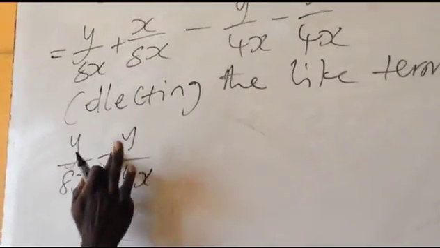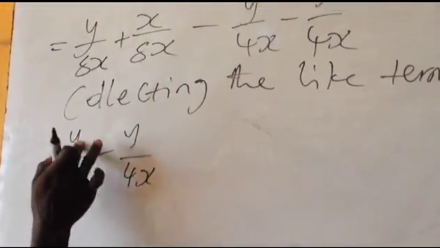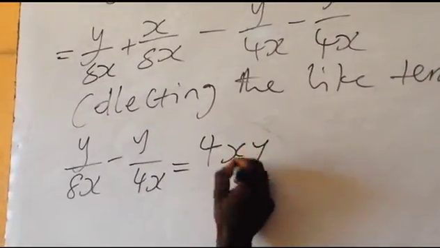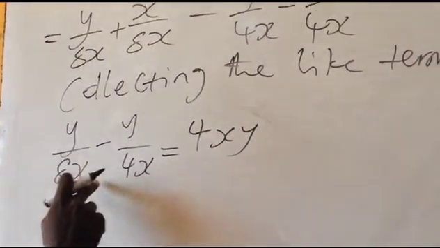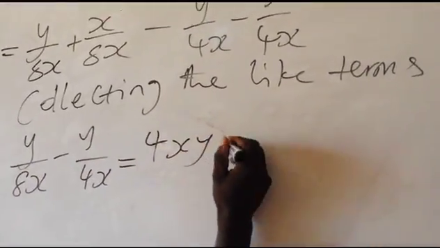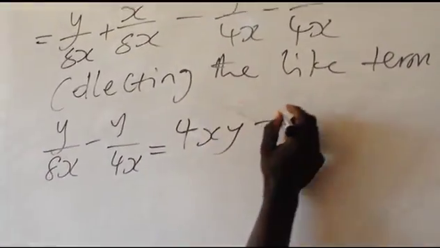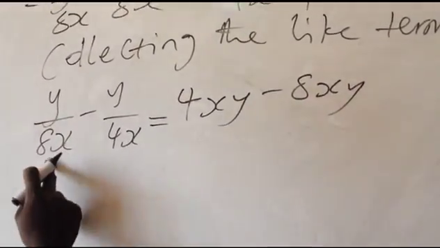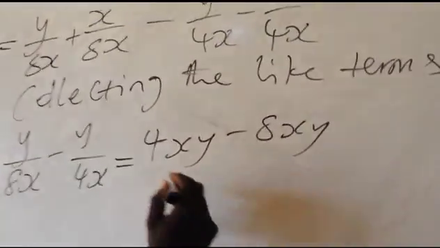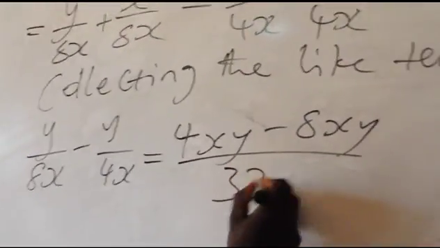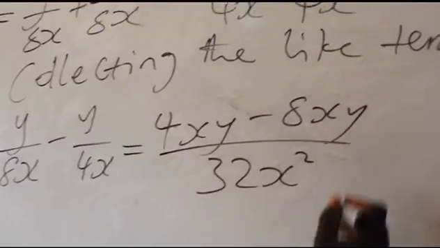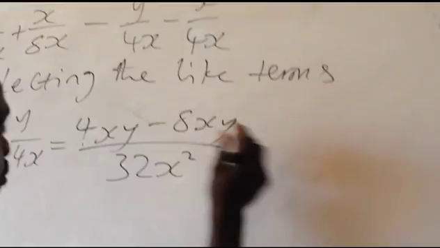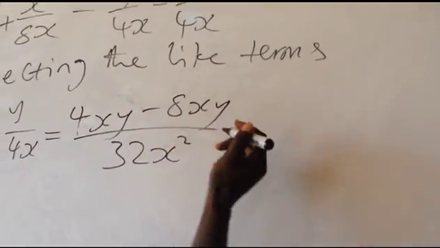And so that will be 4x times y equal to 4xy, minus 8x times y, that will be equal to minus 8xy. So 8x times 4x will give us 32x squared. So 4xy minus 8xy, 4 minus 8 will give us minus 4.